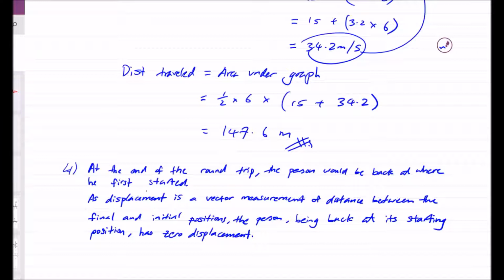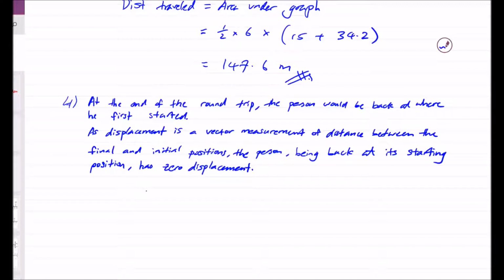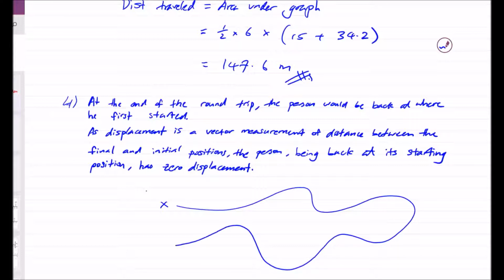And as displacement is a vector measurement of distance between the final and initial positions, the person being back at his starting position has zero displacement. If the starting position of the person is here, and he goes one round and takes weird routes, but comes back to the initial position, the displacement of that person is zero because there's essentially no distance between the final position that he is in and the initial position where he first started.